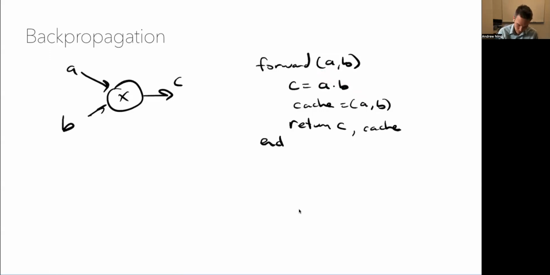As I go through this network computing things and moving forward, I'm going to wait until I get to the end, and then in backpropagation I'm going to run reverse mode AD backwards through the network. So I need to know what happened here, pass it back through all the way to the beginning, and say, okay, here are the sensitivities.